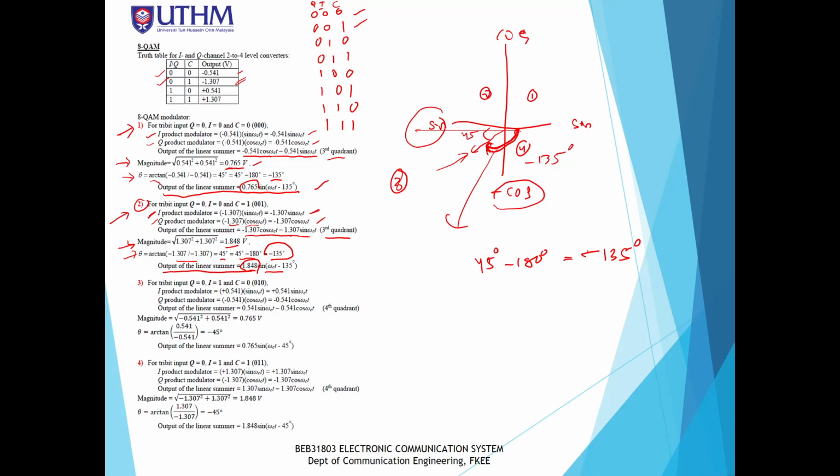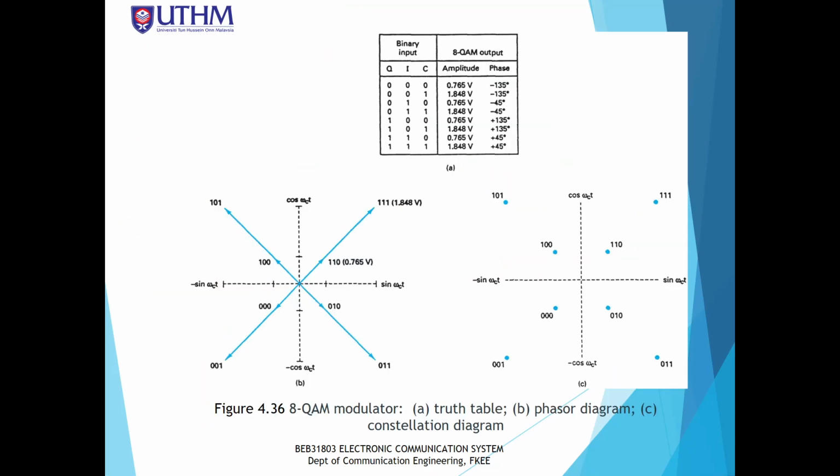Okay, and I want to show you the first two inputs from the truth table. For the first input, 0, 0, 0, we have the amplitude 0.765 and the phase angle is negative 135.